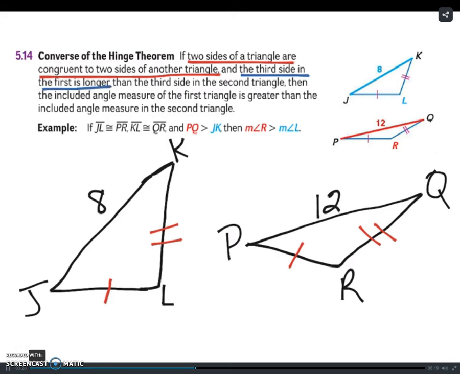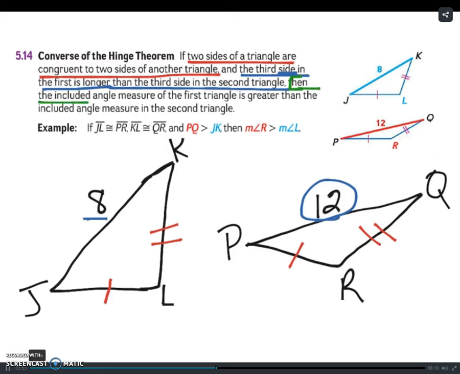And the third side in the first triangle, so notice this time we're dealing with a side here, is longer than the third side in the second triangle. So here, the longer side is side 12. It's bigger than the side 8 over here. Then, the then is going to tell us what our conclusion is.